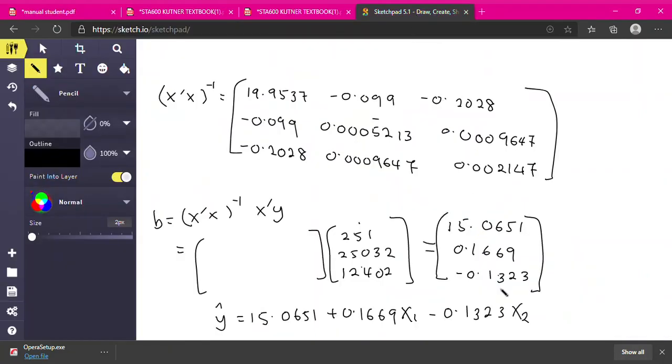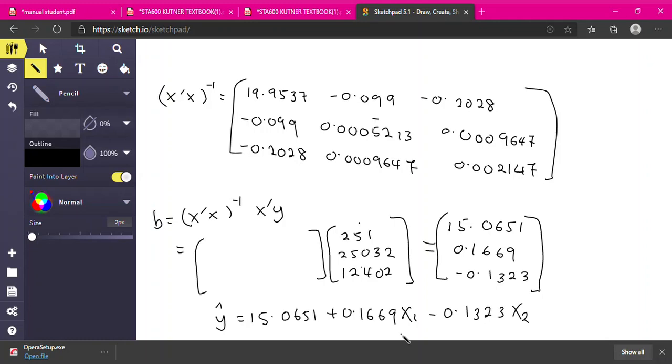So to interpret, you need to know the variables here. But for now I just interpret in general. To interpret the value, we can say that when x1 increases by 1 unit, you must state the unit for x1, and also what variable x1 is.